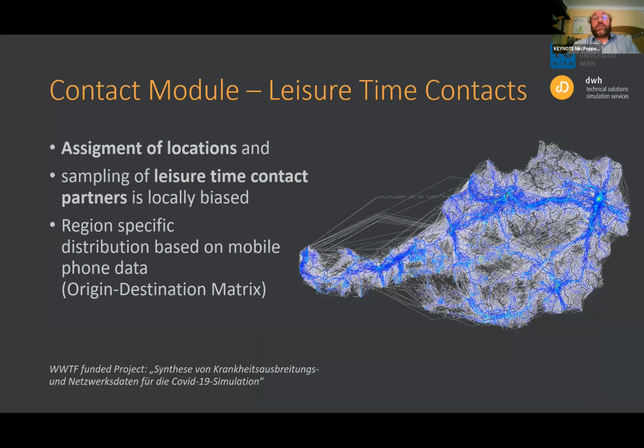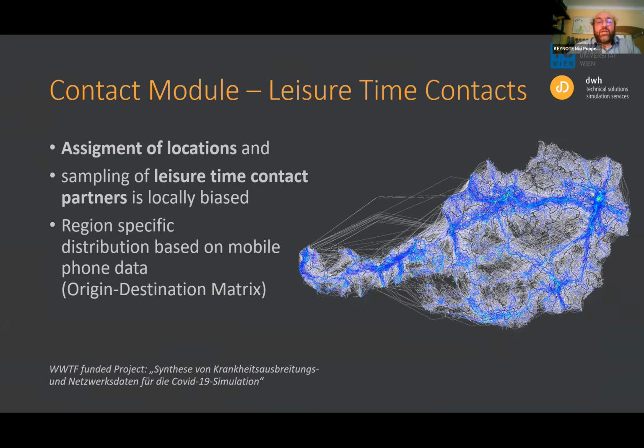One important thing is that we have to be able to make assumptions on this leisure time context. In one project we get pretty good information, the WWTF-funded project Synthese von Krankheitsausbreitungs- und Netzwerkdaten für die COVID-19-Simulation.